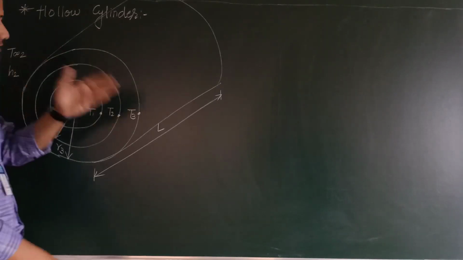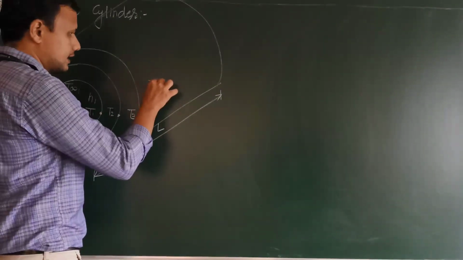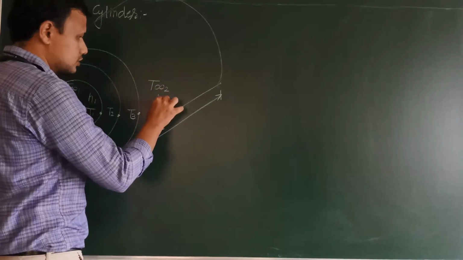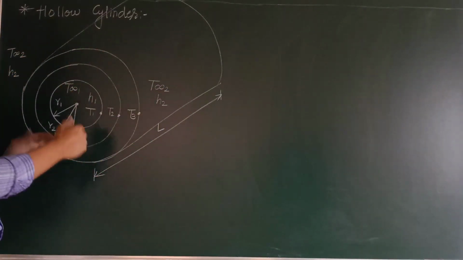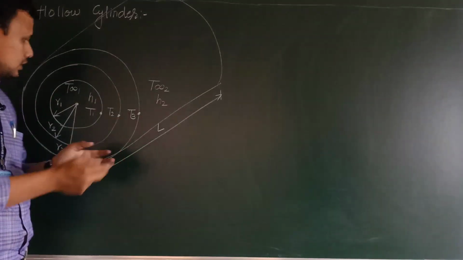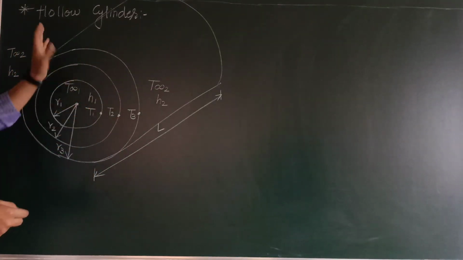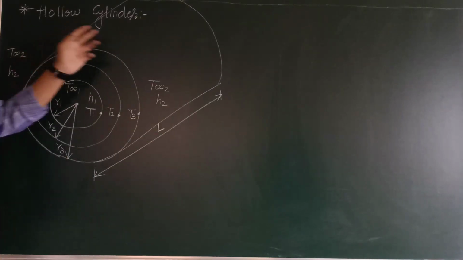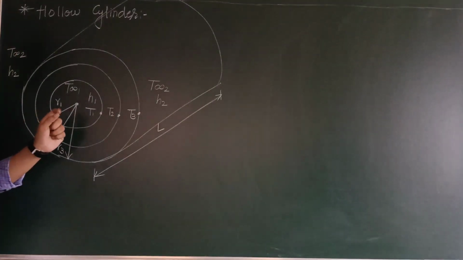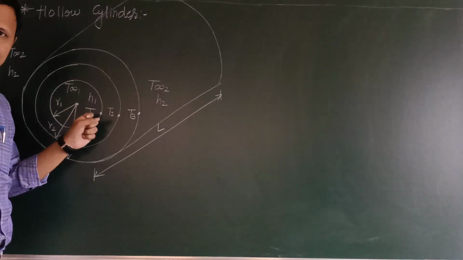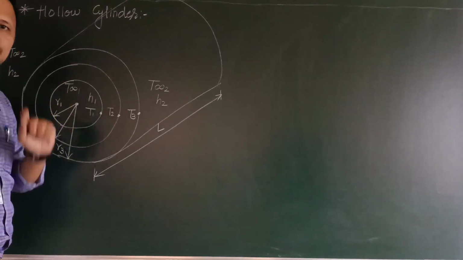If I write the external fluid on this side as well as T infinity 2 and H2, it still doesn't matter because both sides of this pipe are exposed to the same fluid. So steam might be flowing through this pipe and atmospheric air might be in contact with the outer surface of the cylinder. So now we will create the thermal resistance network and see how to evaluate this.